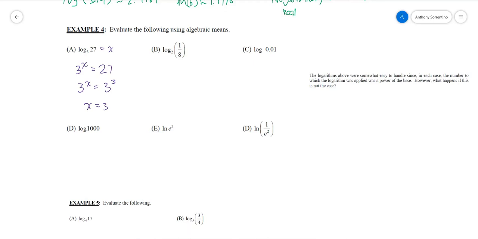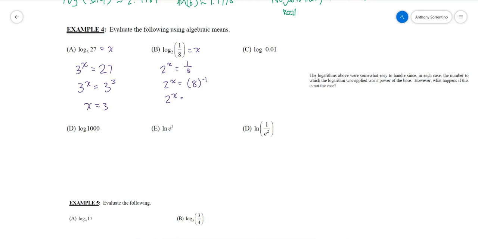Well, for this one, again, if I want to rewrite this, I can say that 2 to the x power is 1/8. Now you might be saying, wait, is 1/8 a power of 2? Well, it is. First of all, I could do a couple of things to this. I could say that's 8 to the -1 power, going back to some exponential rules.